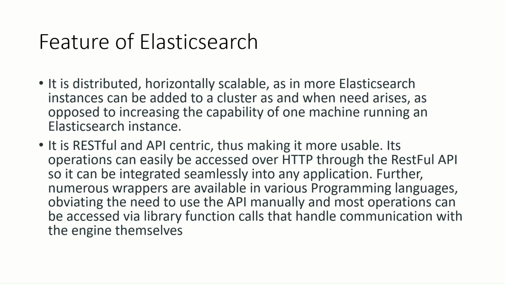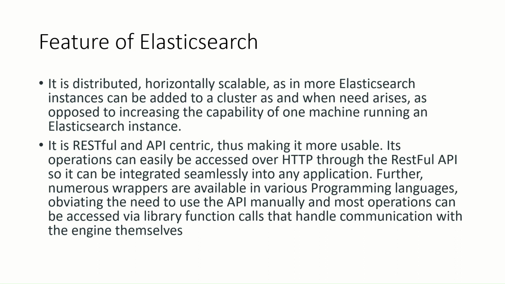You can see Elasticsearch is distributed in nature, and it is horizontally scalable. Okay, so if the need for a new instance of Elasticsearch arises, then we can create a new instance, and horizontally we can scale Elasticsearch. It is RESTful and API centric, which makes it very popular.